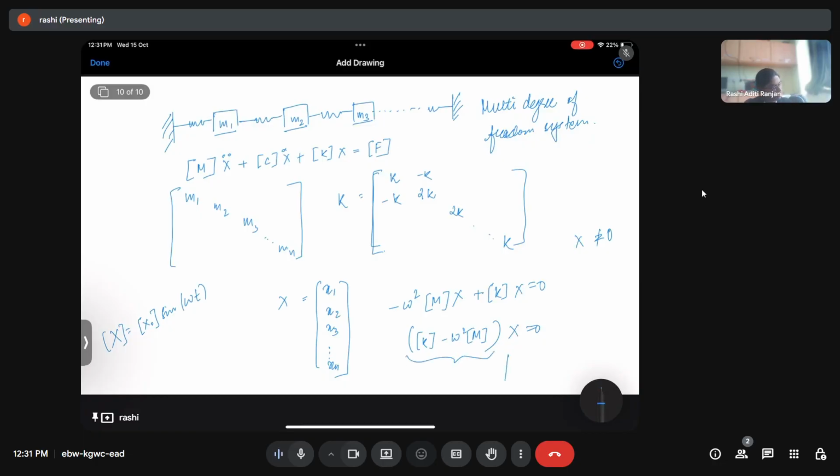So what do we do? We find the determinant of this and we put it equal to 0. This is going to give us a characteristic equation, right? And mostly its power is going to be omega square, not omega to the power 2n. So we are going to get 2n in the equation and then we'll have to find out.